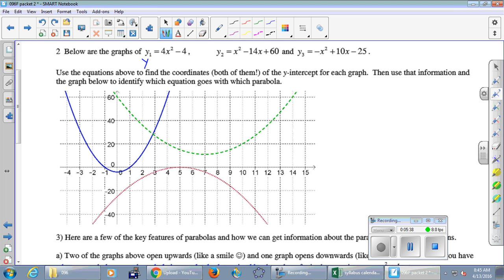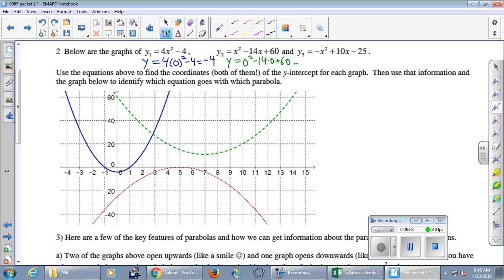So if you let x equal 0 in this first equation, we get 4 times 0 squared minus 4. What is that? That's negative 4. And in the second equation, if we let x equal 0, and there's two of them here, so we go 0 squared minus 14 times 0 plus 60.